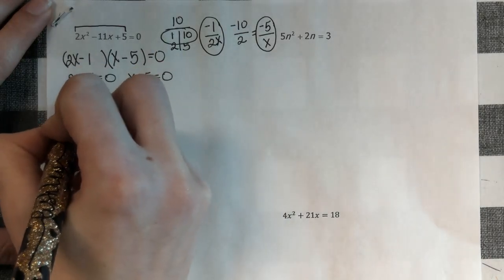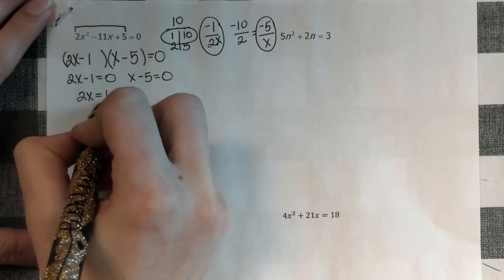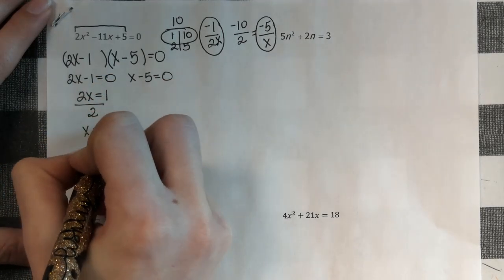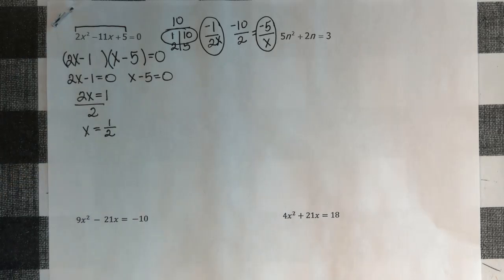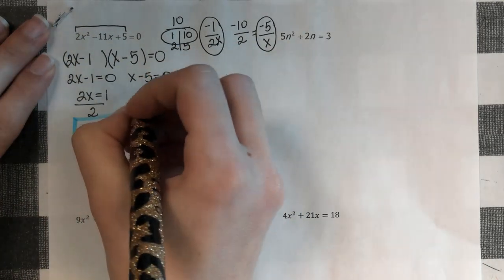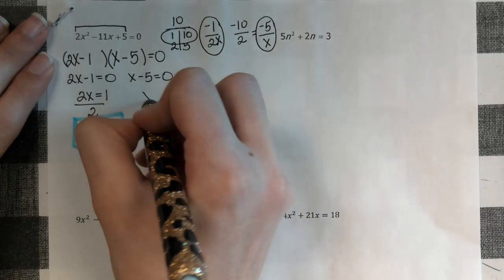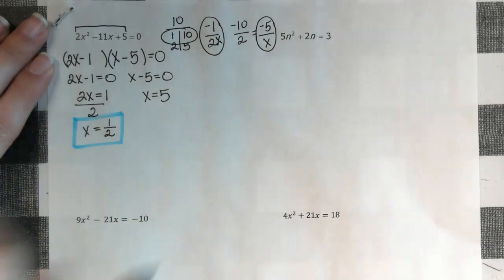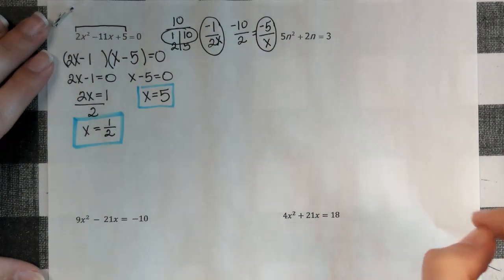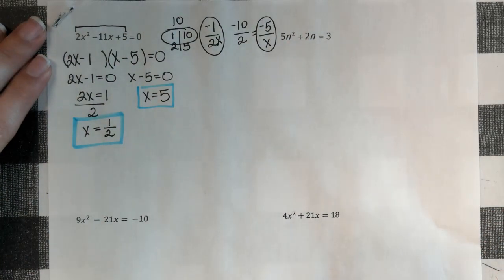Add your 1 and 2x equals 1. Divide by 2 and x equals 1/2. My next one, add your 5 and x equals 5. Again, I would check all of these when you're doing your quiz and your test. Okay.